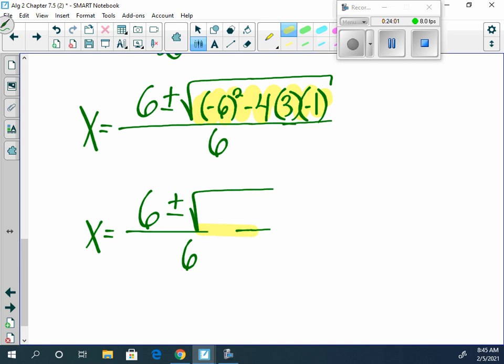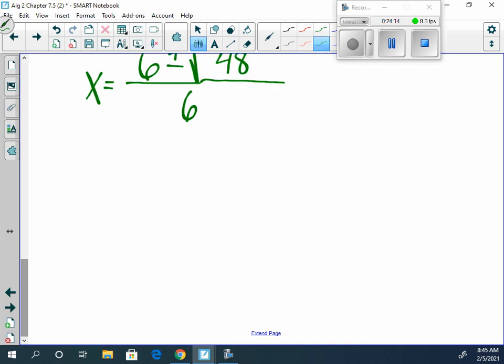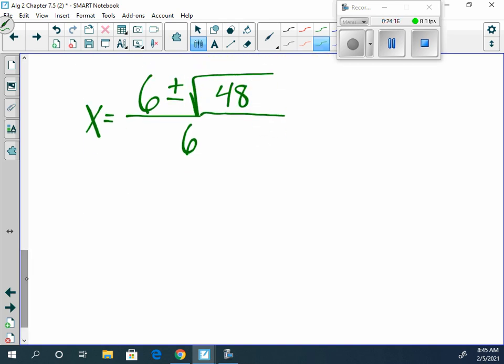Hold on. There we go. 48. 48 will reduce.